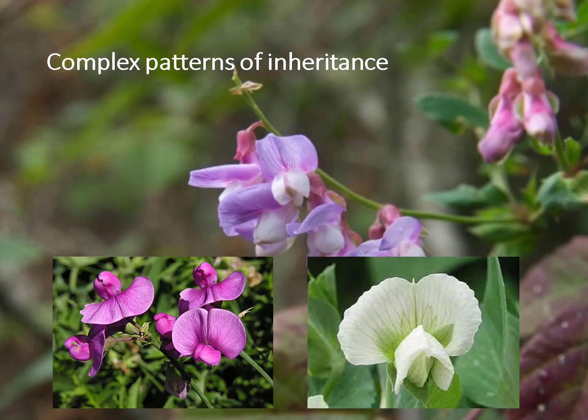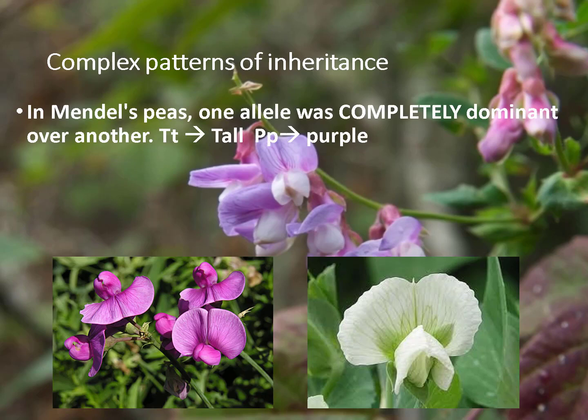So if we go back and look at Mendel then, and his experiment, what we were seeing there was what we call complete dominance. That's where, like I said before, the flower was either purple or it was white. The plant was either tall or it was short. There was no medium, nothing in between, no blending of traits. It was very specific.